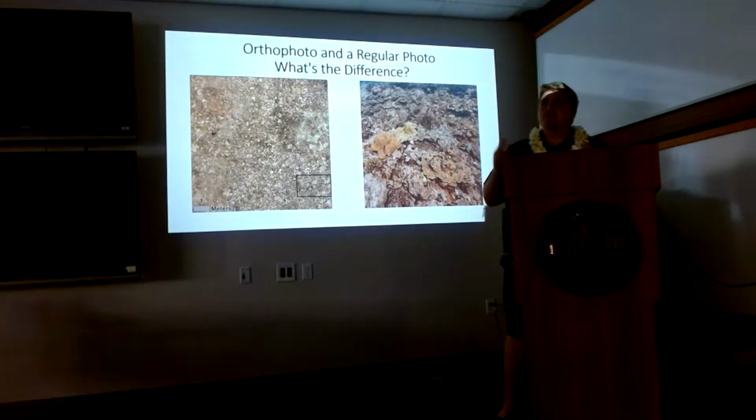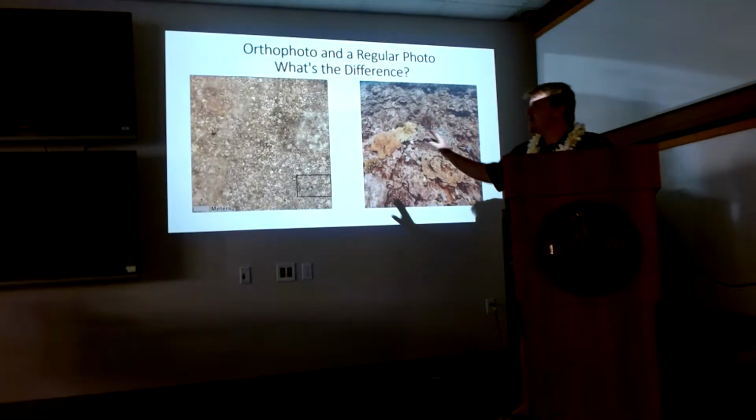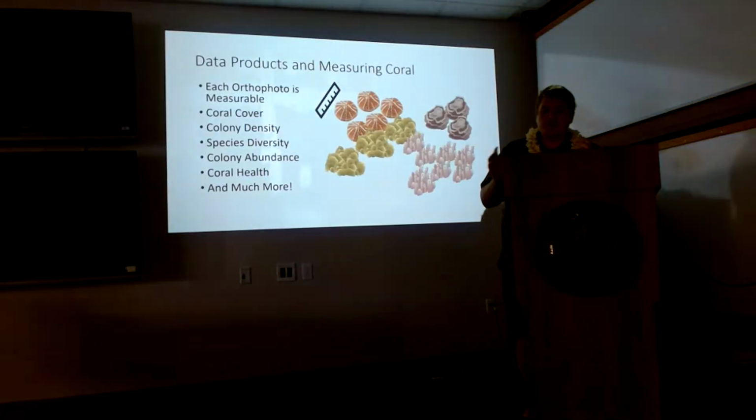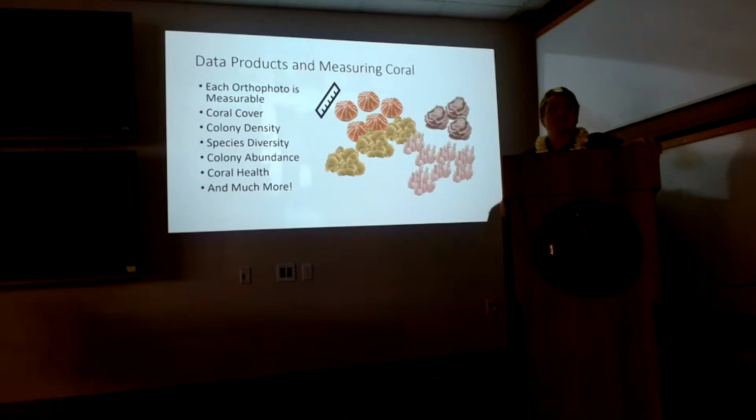And so when we go from those 3D point clouds that we just looked at to a 2D map, it kind of stretches and molds those different corals from 3D space back to 2D space, and we're able to flatten everything down and measure them across the plane in a really easy way. So right off the bat, the data products that we can pull from these maps are really similar to what we do as divers or snorkelers when we're doing these types of surveys underwater, or in water surveys, in situ surveys.